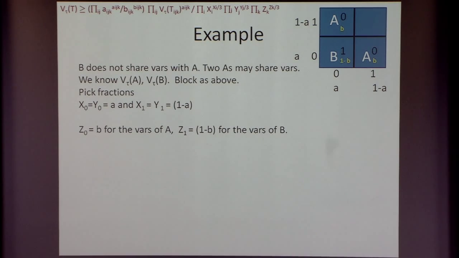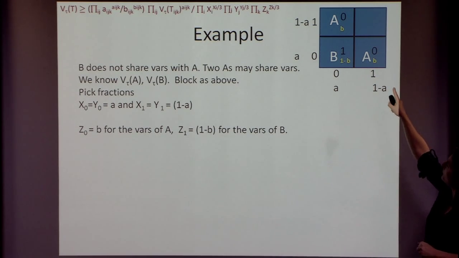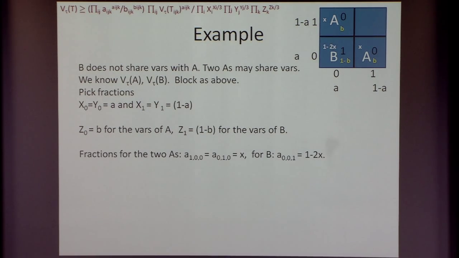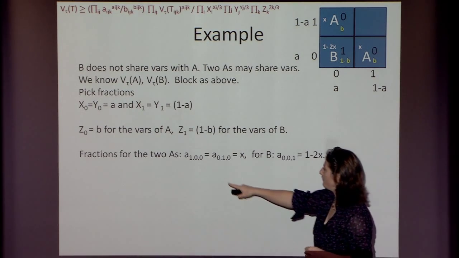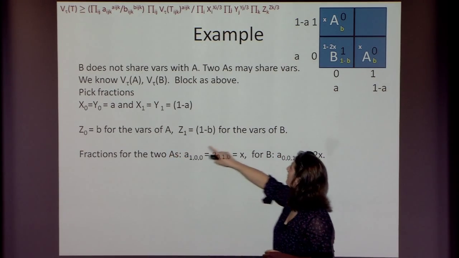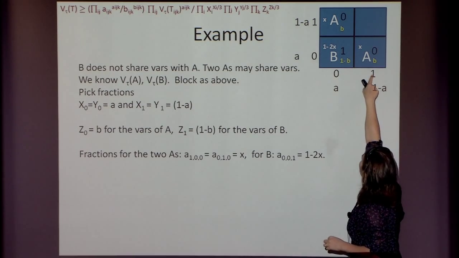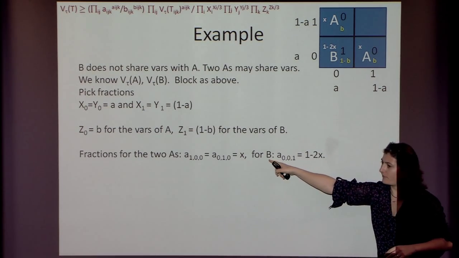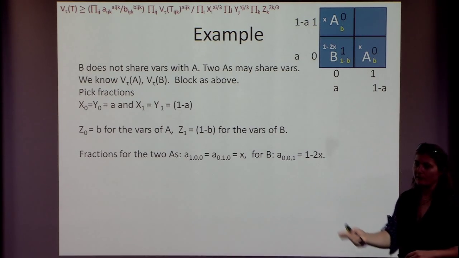Then you get a fraction of beta for the variables of A, and a fraction of 1 minus beta for the variables of B. And then you say, well, the fractions of the block triples: for block triple 1, 0, 0 and 0, 1, 0, which is exactly where the A's are, so 1, 0, 0 is where A is, for example, you give a fraction of x, and whenever it has to look like B, you get a fraction of 1 minus 2x.